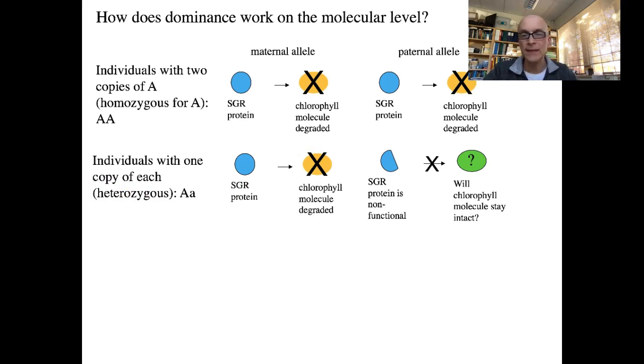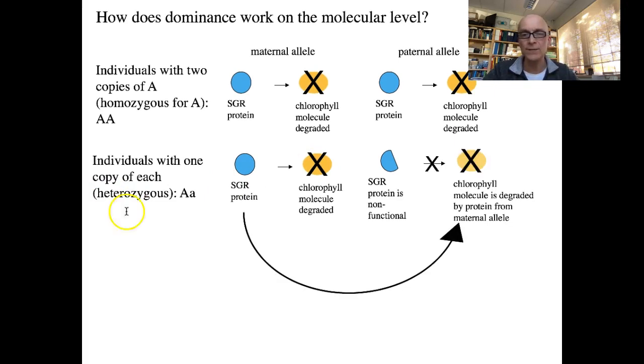So dominance means, on the physiological level, that this protein that was made on one of the chromosomes, in our case here the maternal one, is just also in the cell, right? So it's a protein that gets made from one chromosome, not from the other. The other chromosome is non-functional, but the one that is functional, there's enough of that there that it will act on the chlorophyll, and the chlorophyll molecule is degraded by the protein from the maternal allele.